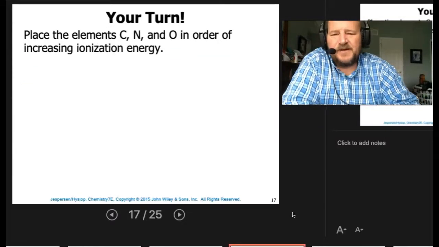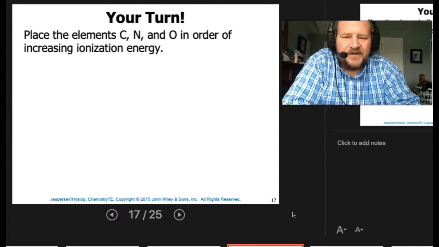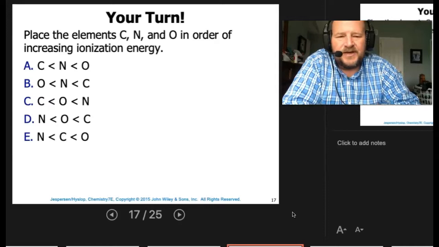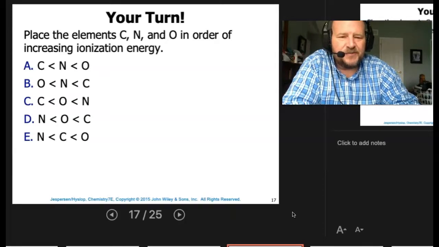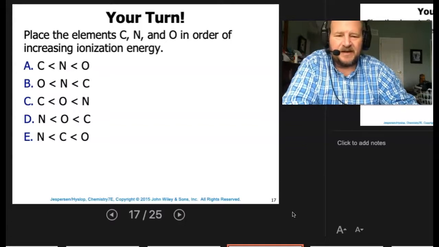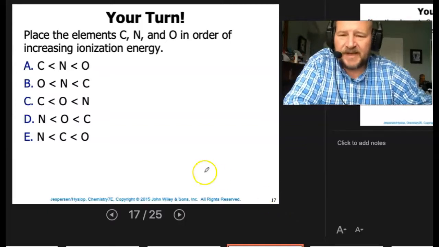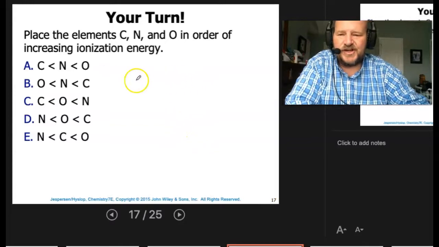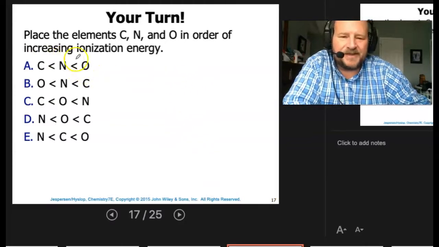Place the elements carbon, nitrogen, and oxygen in order of increasing ionization energy. Whenever people get confused with ionization energy, what I always tell them to do is think about atomic size. Place the elements carbon, nitrogen, and oxygen in order of decreasing atomic size.